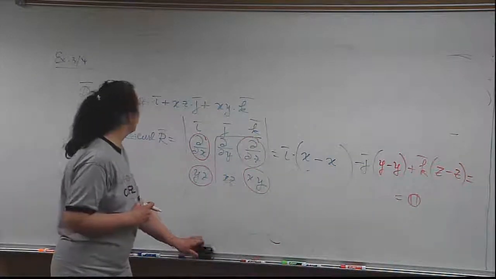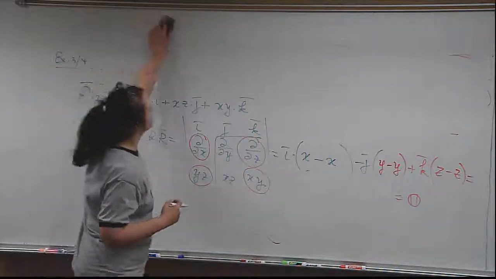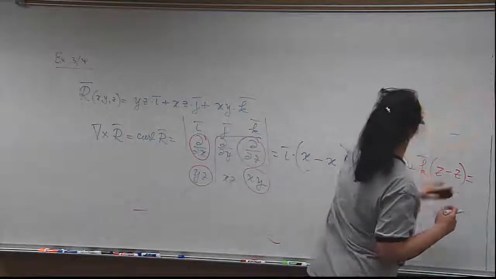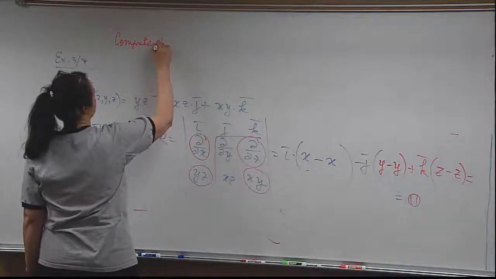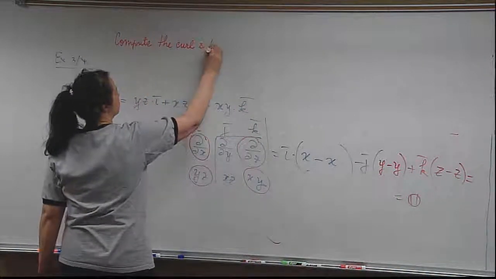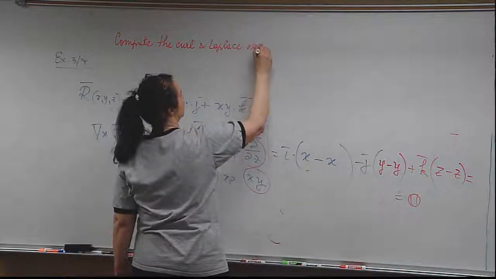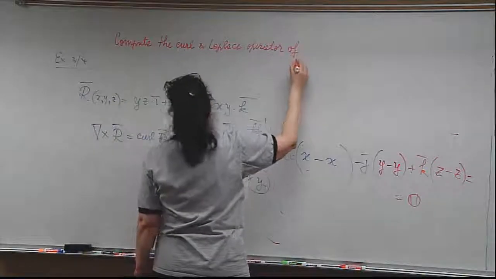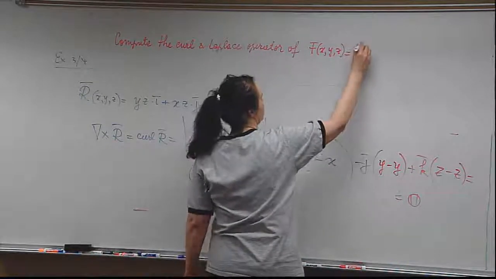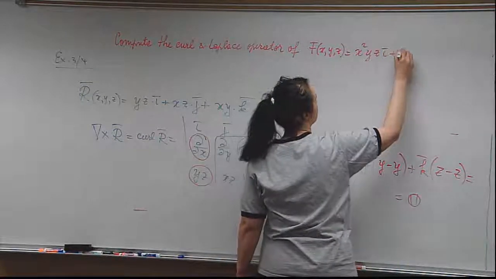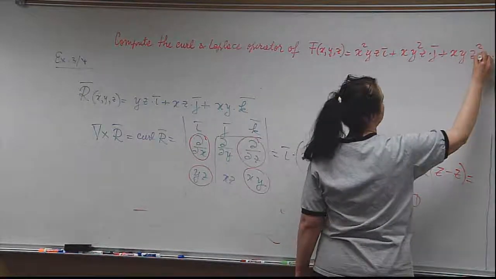Let me see what else I wanted. I have space here. So compute the curl and the Laplace operator of f of x, y, z equals x squared yz i plus xy squared z j plus xyz squared k.